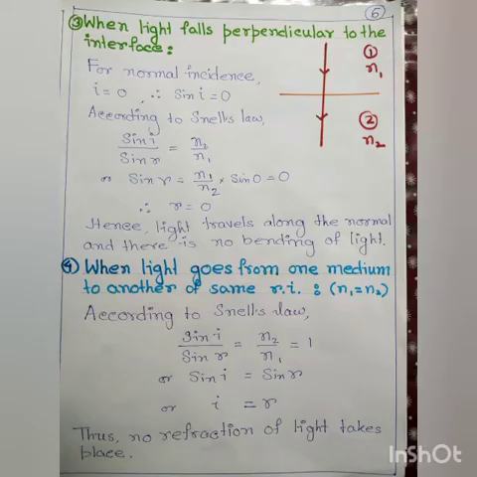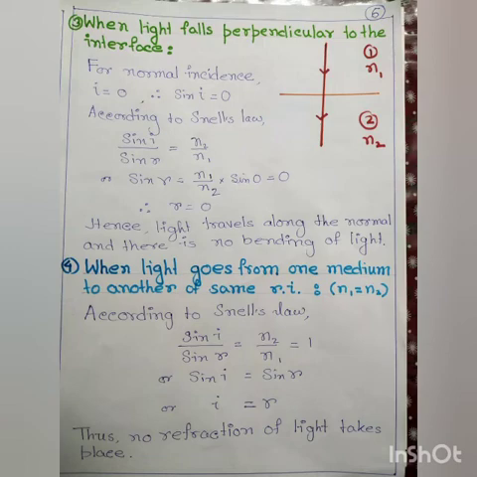Now let us discuss the next condition, when light falls perpendicular to the interface of two media. For normal incidence, we know the incident angle i will be 0, therefore sin i will be sin 0, which is 0. Now according to Snell's law, you just substitute the value of sin 0 and we will get r is also equal to 0.